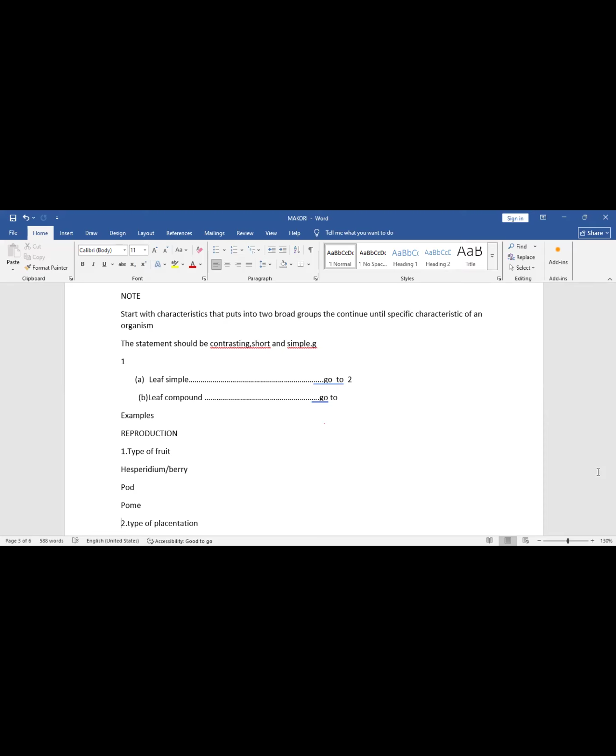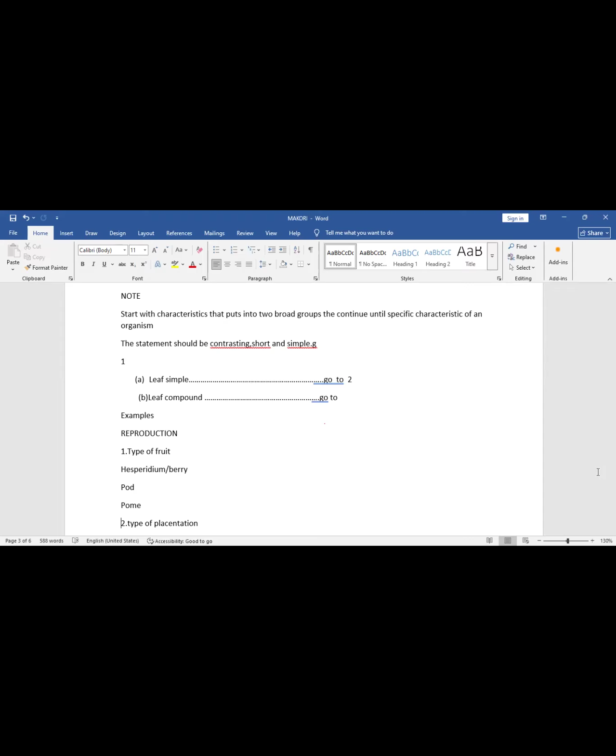So we have given an example there. Leaf simple, you go to 2. Leaf compound, go to 3 or 4 that way. I have avoided indicating 3 because it's just a portion of the dichotomous key that I've picked. I will forward you one of the dichotomous keys that are selected.